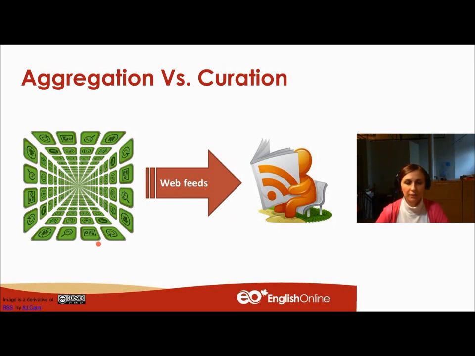But at the very beginning, I've also mentioned that there are aggregators that combine algorithm and human work. This is when aggregation and curation overlap.